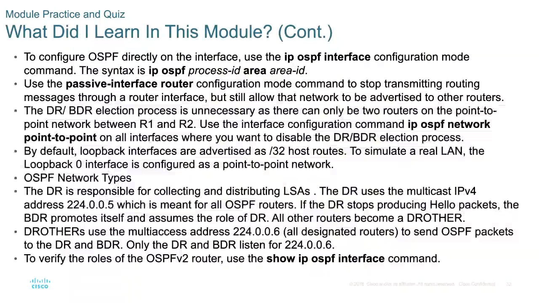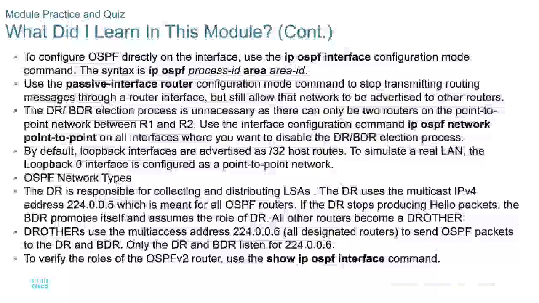The election process takes place wherever there is a broadcast network, so multiple access, and the election process defines who is the designated and backup designated routers, and by default it will use the highest router ID to determine that.